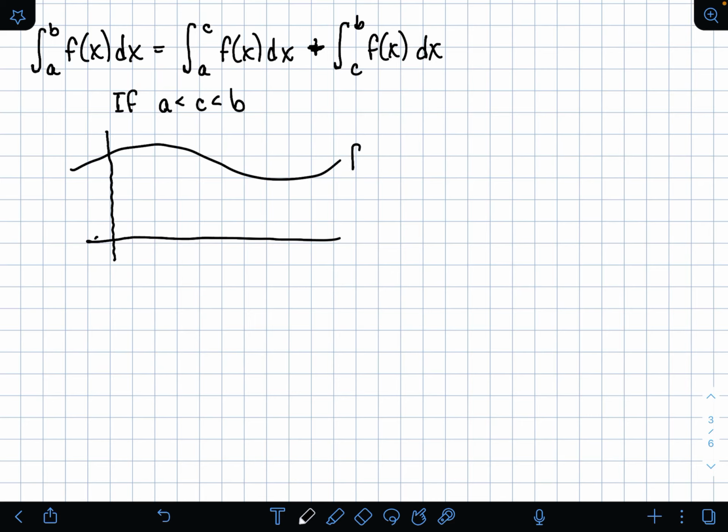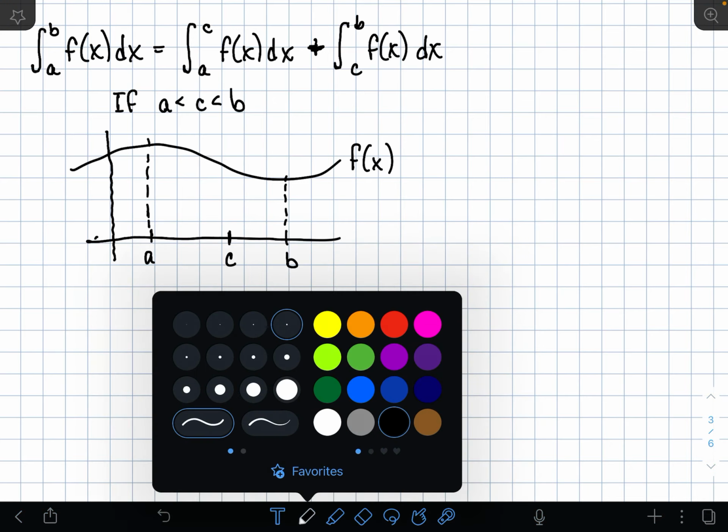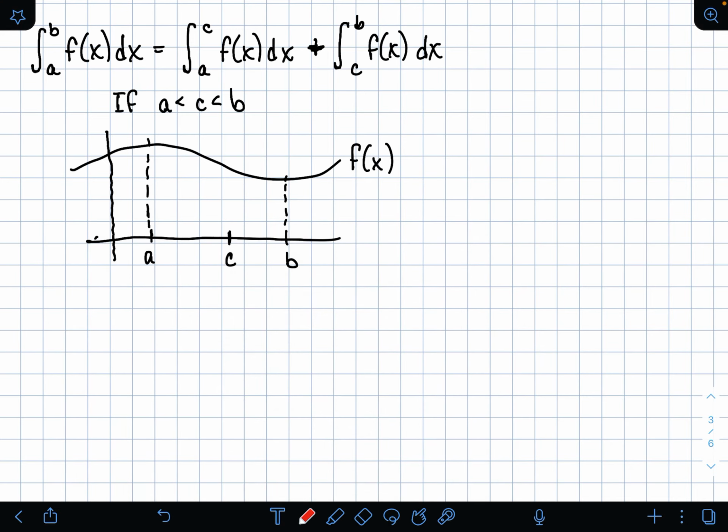So here we have some function, and we have an interval from a to b. And somewhere in between, we have this c value. The region that we're interested in on the left-hand side is from a to b. It's this section between those two dashed vertical lines.